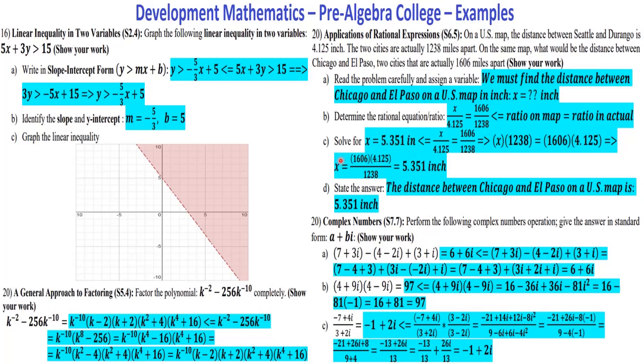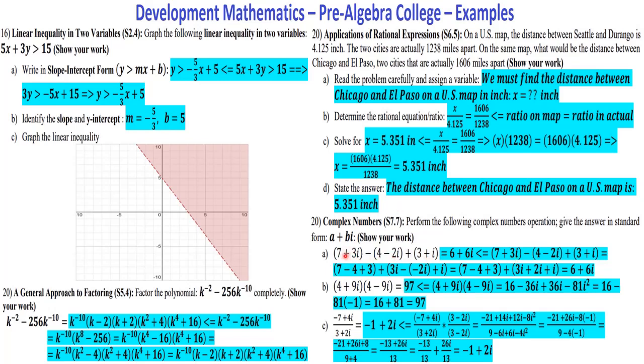So this is the distance between Chicago and El Paso on a map, in inches. Then state the answer: the distance between Chicago and El Paso on a US map is 5.351 inches.